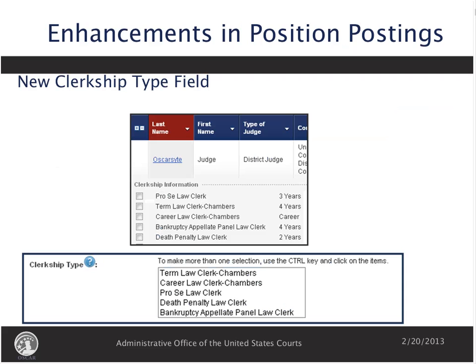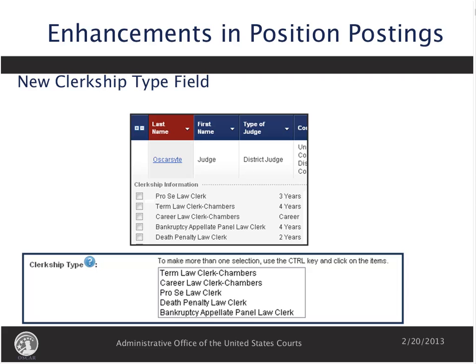OSCAR version 7 is also going to provide the courts with the capability to post positions in OSCAR and accept applications for pro se, death penalty, and bankruptcy appellate panel law clerks under the Chief Judge's listing.